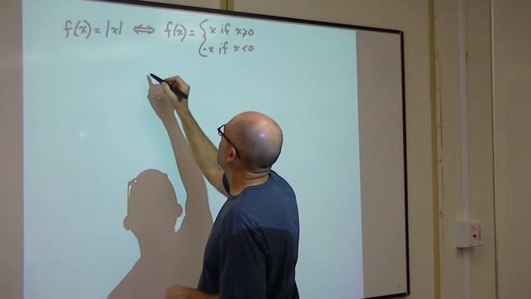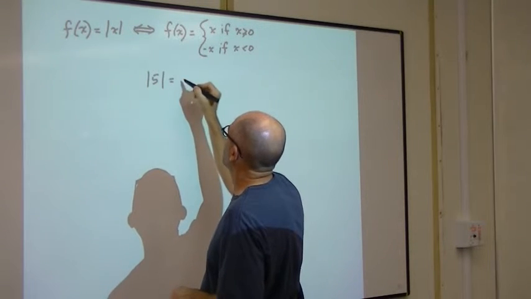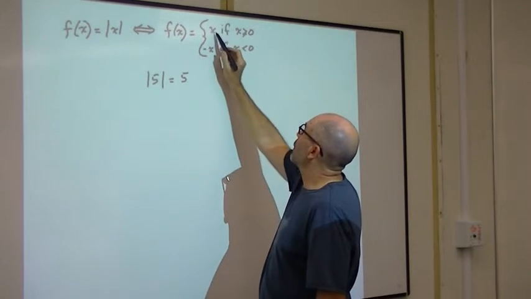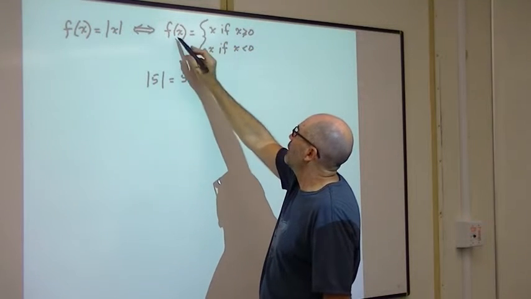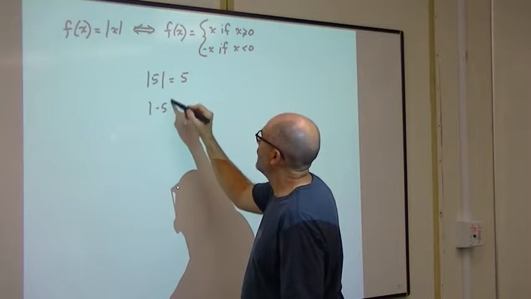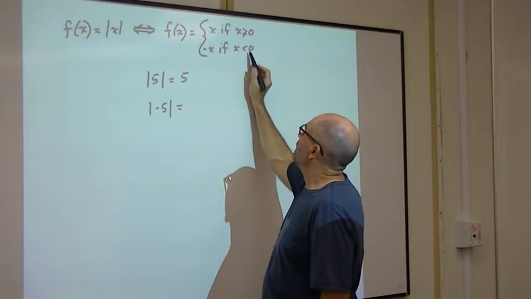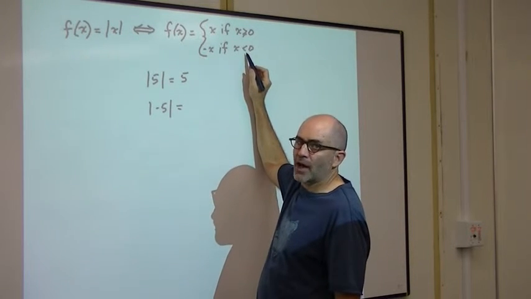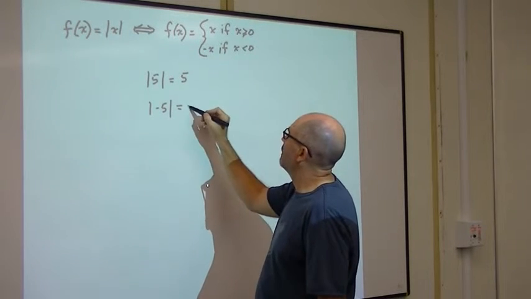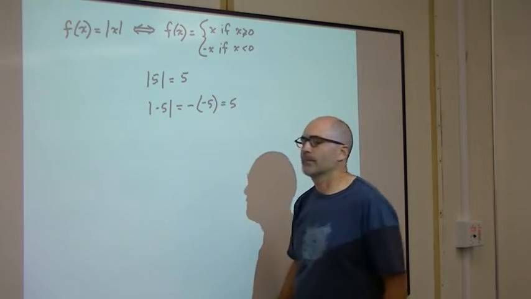The absolute value of 5 equals 5, because 5 is greater than 0, so we're on the top, and the value of the function is 5. Well, what if we're taking the absolute value of negative 5? Negative 5 is less than 0, so we're on the bottom part of this. So I have to go negative of the negative 5, and that equals positive 5 again.